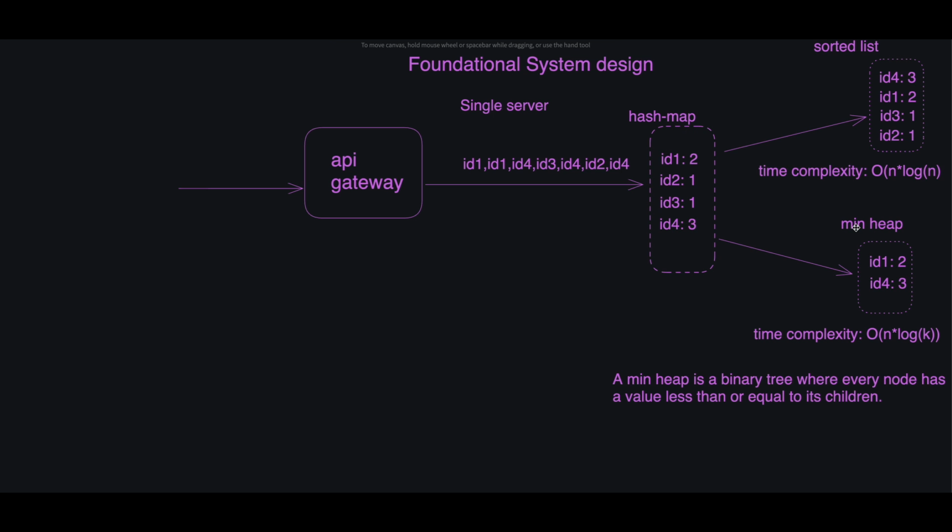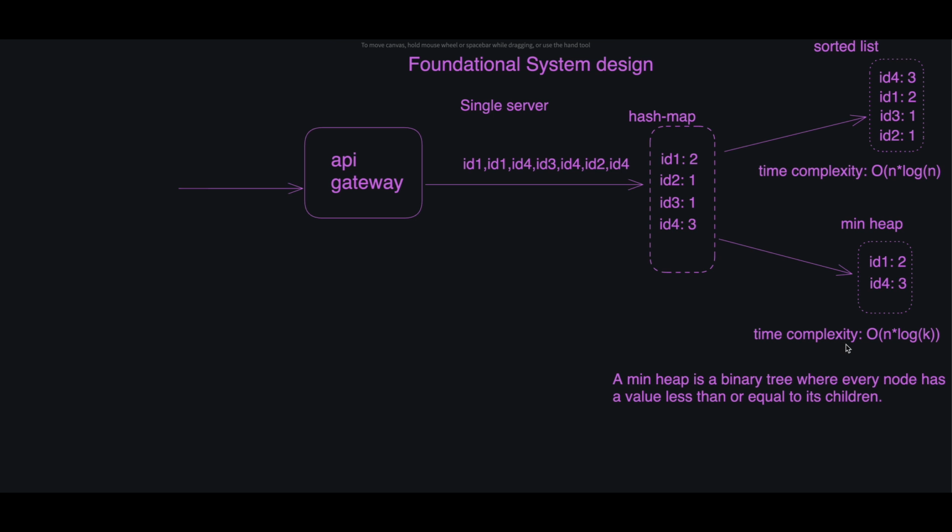Also, we can suggest as a solution which will save ourselves a little bit of time or a lot of time, depending on how big is n: min-heap, which is a binary tree where every node has a value less than or equal to its children. So in min-heap, we only need to keep k nodes because we don't need more.